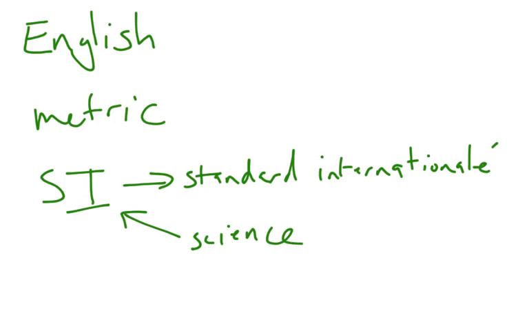The SI system is typically based on the metric system, so a lot of the units in the SI system are the same as the units in the metric system. Now let's talk about some fundamental units of the SI system. First off is mass. The SI unit for mass is kilogram.